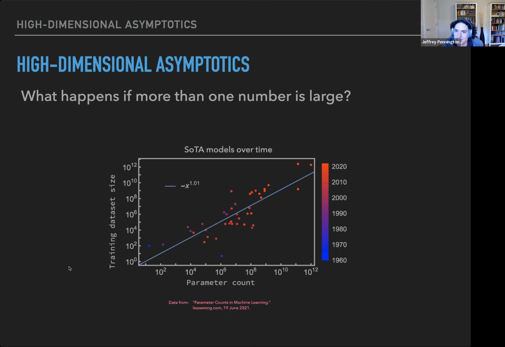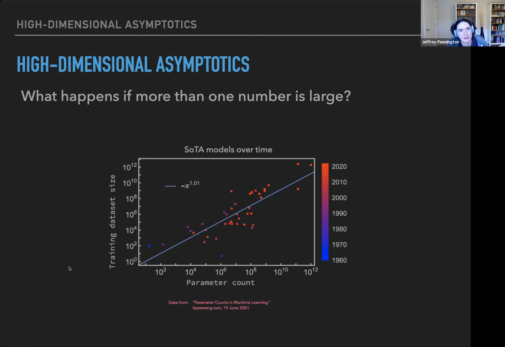So Courtney, I think on Monday showed this slide, but it just shows the training data set size on the y-axis and the number of parameters on the x-axis for a set of models over the last 60 years or something that were state-of-the-art at the time. So this is a hand-curated set of points, roughly selected by some kind of interestingness metric. Maybe they opened up some kind of new domain that wasn't accessible previously or something.